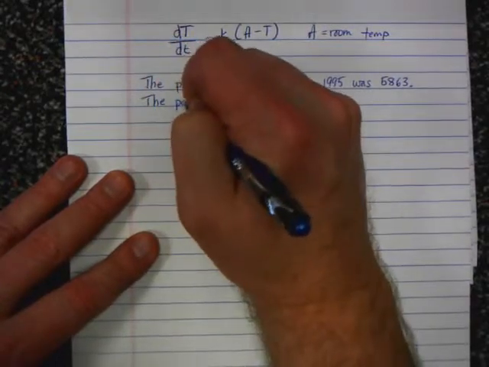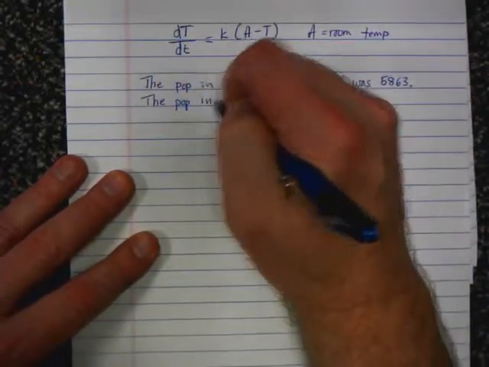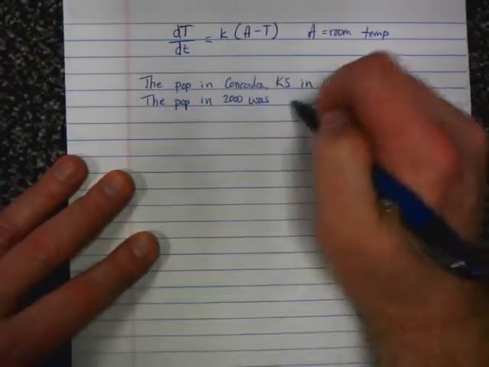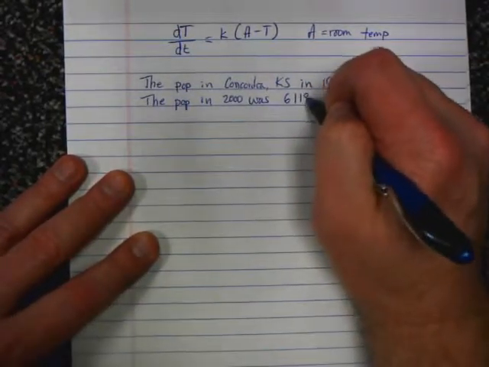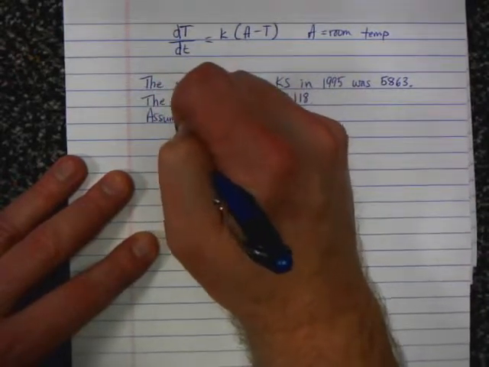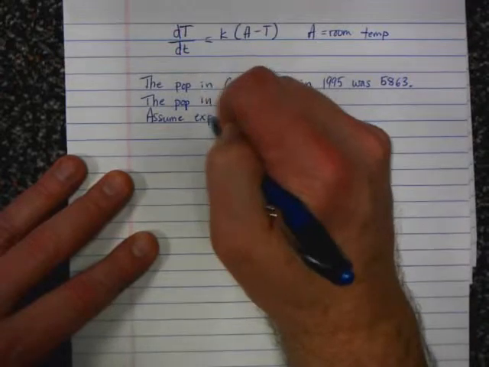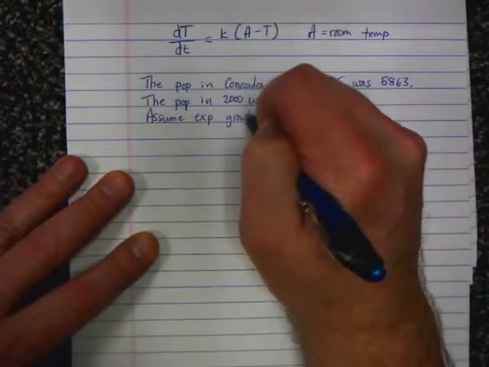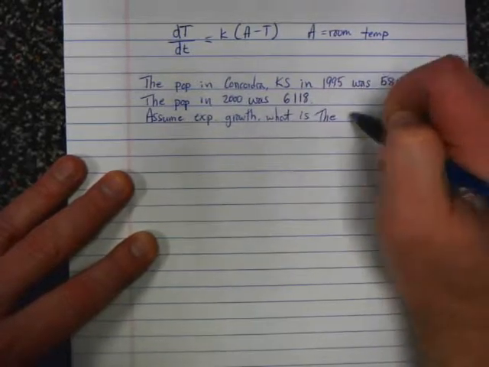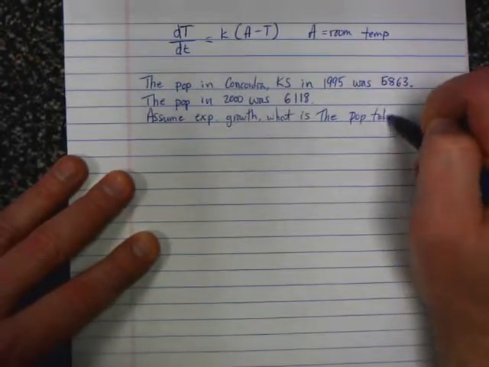The population in Concordia in 2000 was 6,118 people. Assuming exponential growth, what is the population today?